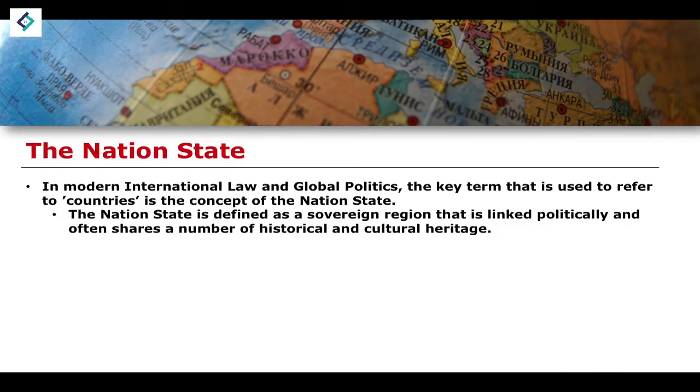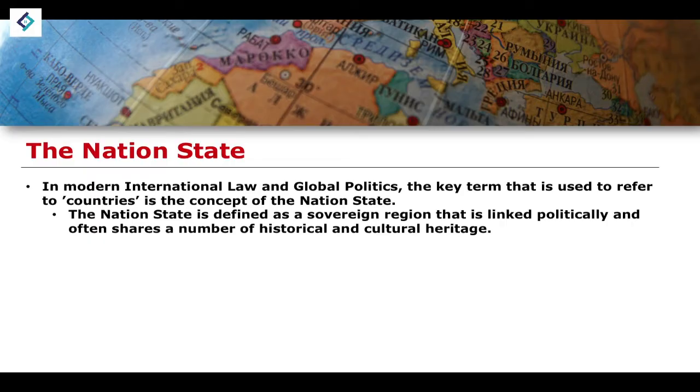For example, France is a nation state in the sense that it is a single defined region that we can point to on a map, and that it shares a political heritage, a cultural heritage, a historical heritage, and a single unified government structure.